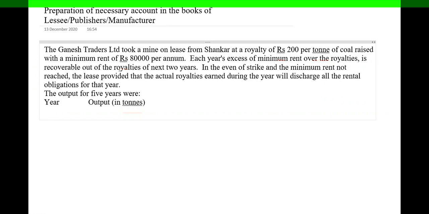So years are here: 2013, 250; 2014, 360; and 2015, 500; 2016 in the bracket strike. So this is a strike here. So 350, then 2017, 800.